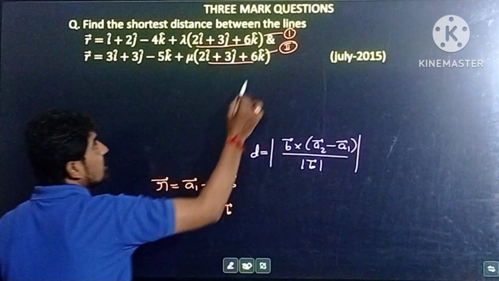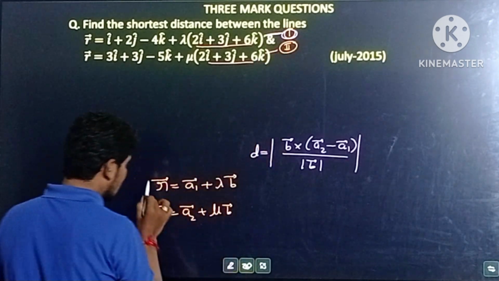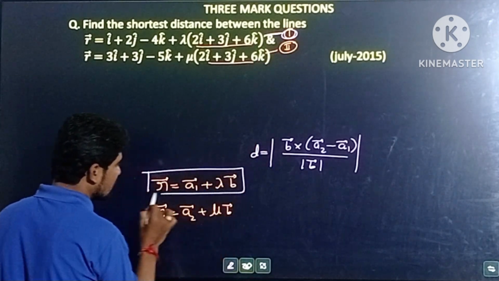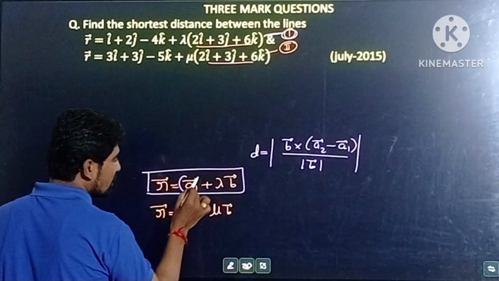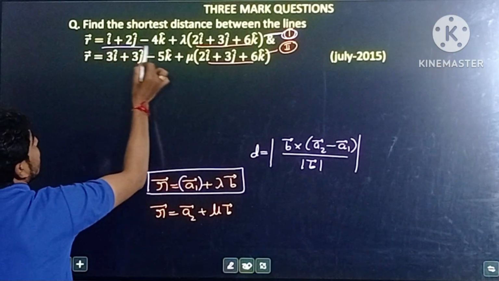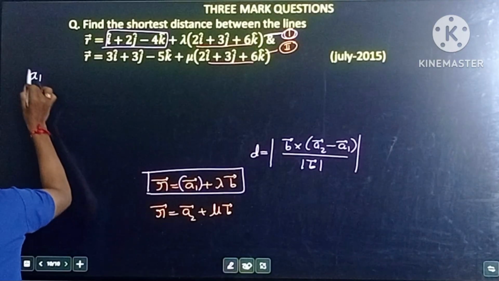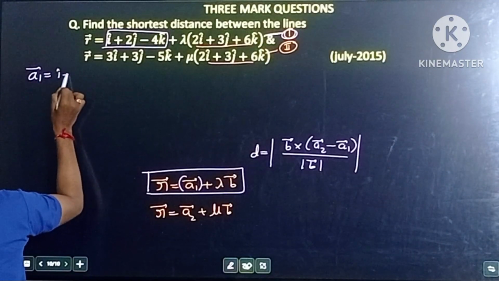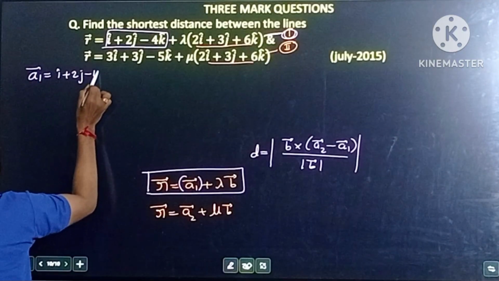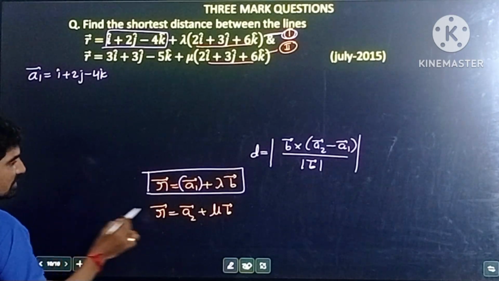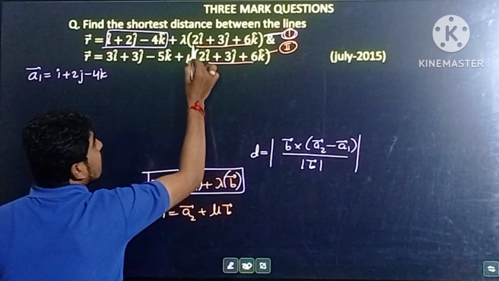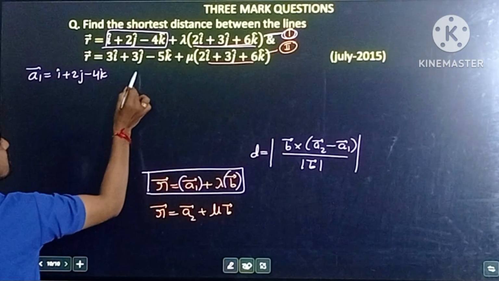So here, by comparing the first line with the first standard equation of a line, in place of a1 vector we have i plus 2j minus 4k. So therefore, a1 vector is equal to i plus 2j minus 4k. And in place of b vector, we have 2i plus 3j plus 6k.